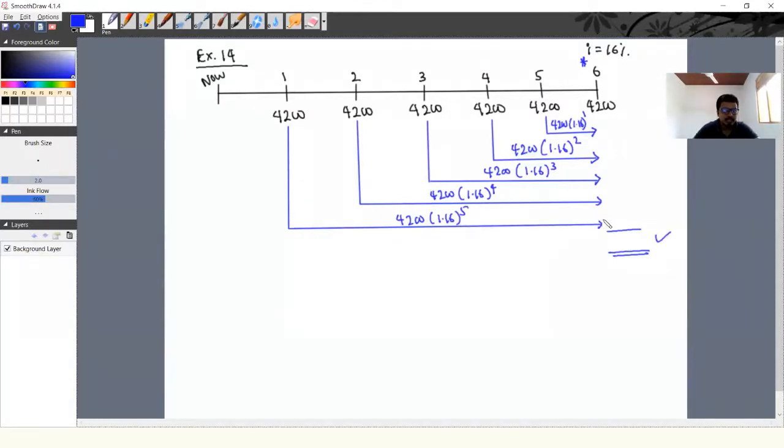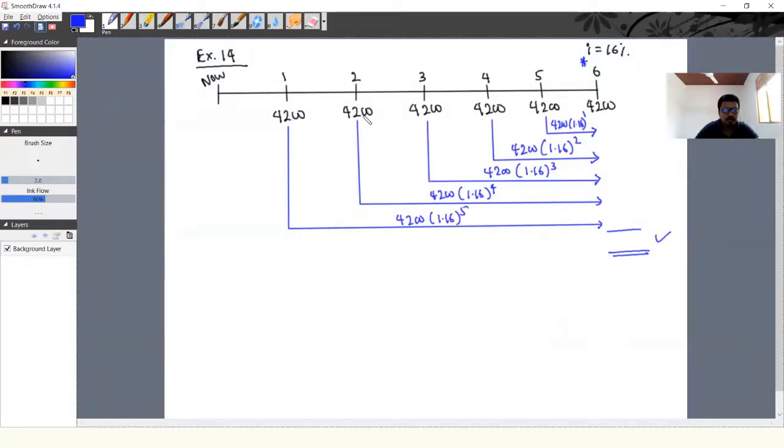If you didn't know about annuity, this is how you would have to do it. The future value. But see, this is an annuity. Right? We are paying the same amount at equal time gaps for a specific time period.